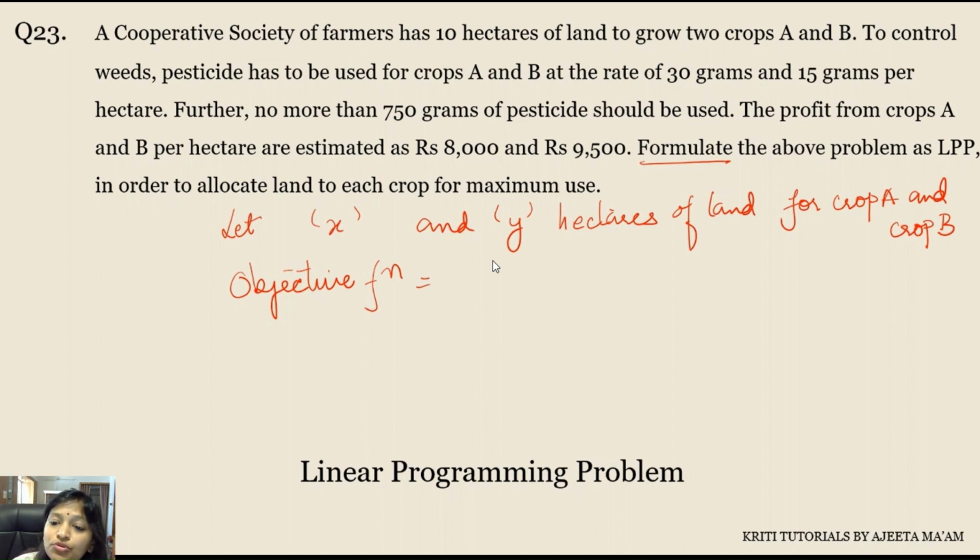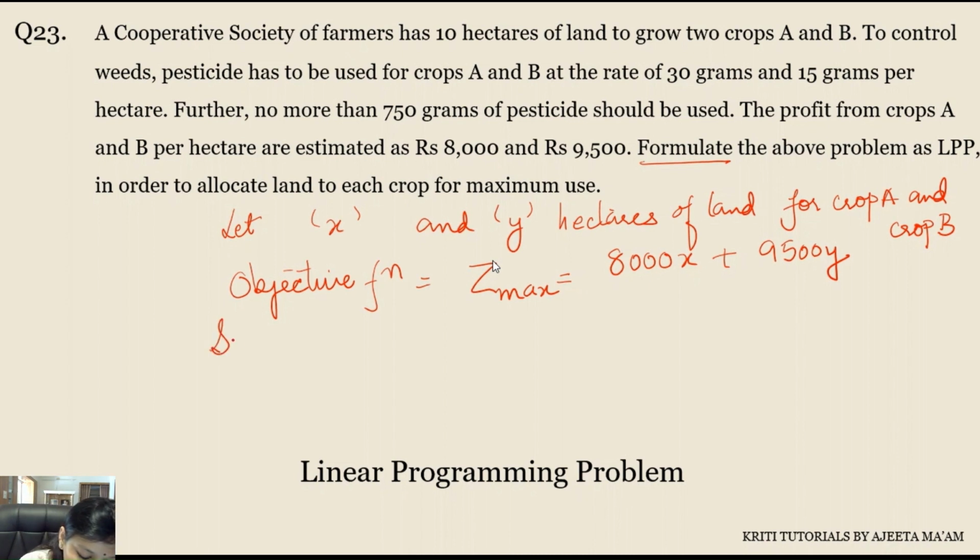So if we need the maximum, right? The objective will be Z max. Correct? So we have to solve for maximum. So the objective function will be 8,000 x plus 9,500 into y, right? So we will multiply it with x and y.